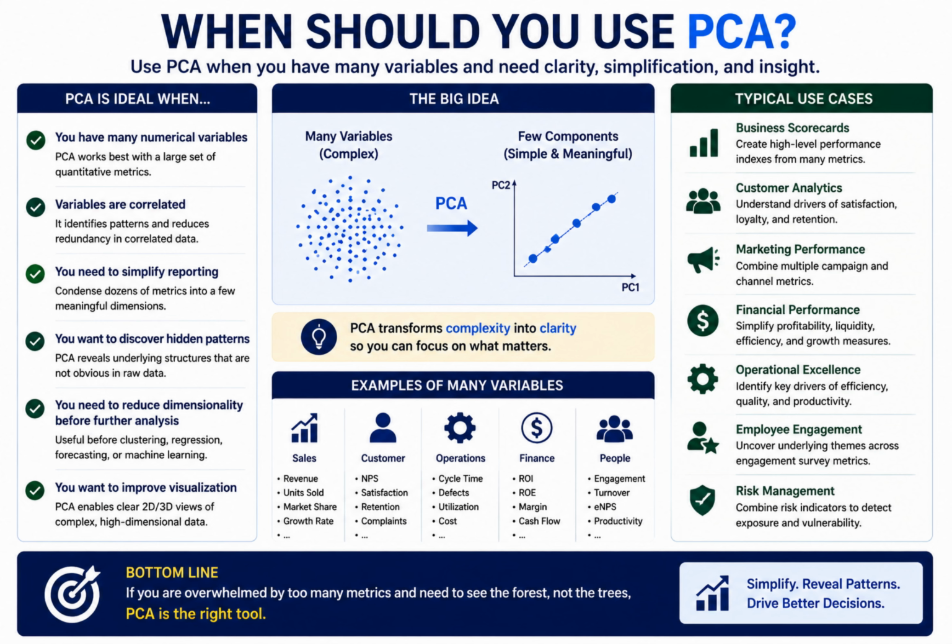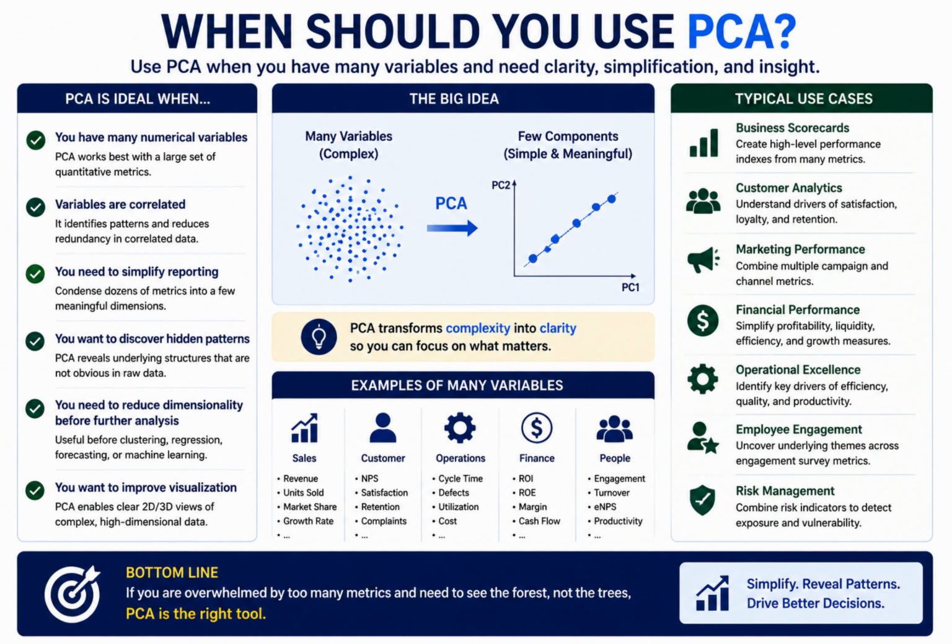The goal is simple: take many variables, find the hidden patterns connecting them, and reduce complexity into a few meaningful business dimensions. If you need clarity from a large collection of correlated metrics, PCA is often the right tool.